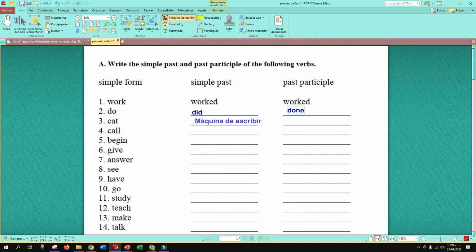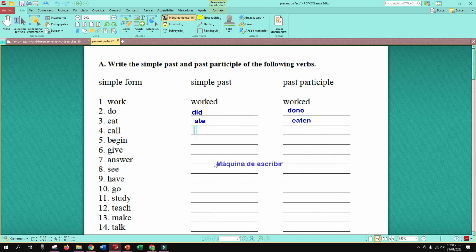Perfect. What about eat? Past, ate. And past participle, do you remember? Eaten. Yes. So, eat, ate, eaten. Perfect. What about this?